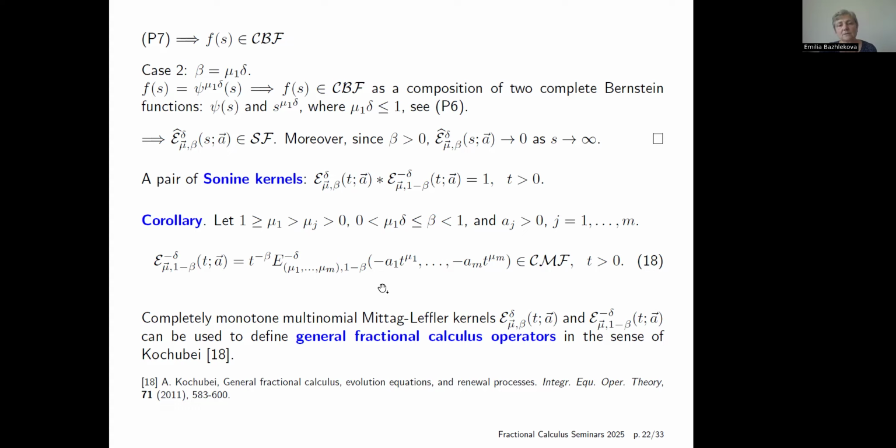Under the same assumptions on the parameters, we obtain complete monotonicity also for the other Sonin kernel.